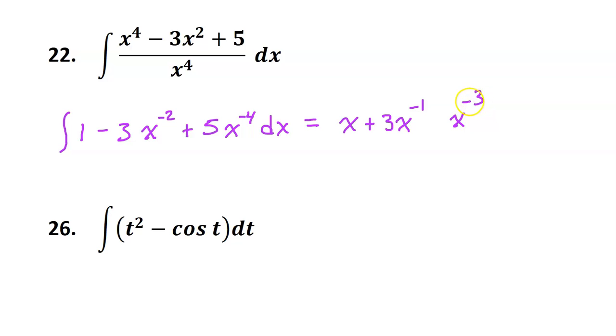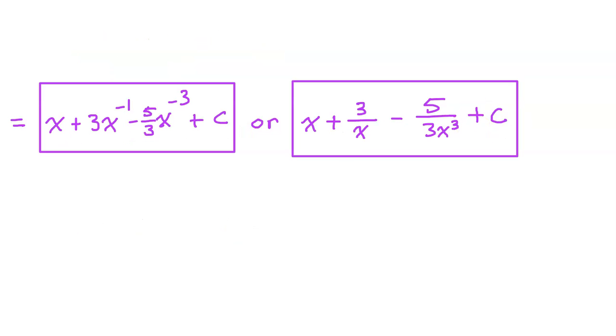Dividing by my new exponent, I have 5 divided by negative 3, so that's going to be negative 5/3. And don't forget your constant of integration. That's a perfectly acceptable answer. But on a multiple choice question, you might also see the answer written this way without negative exponents.